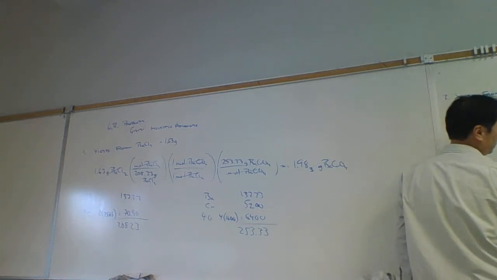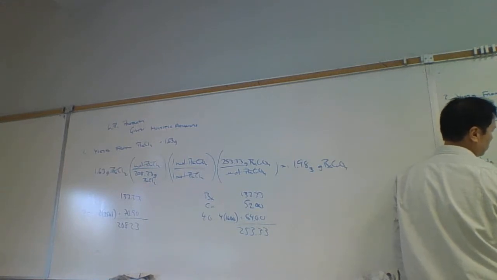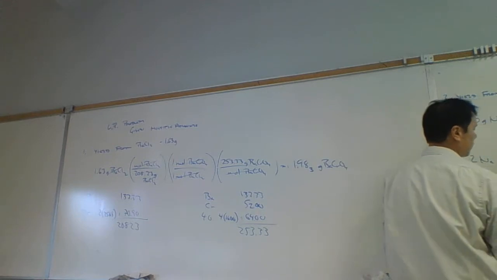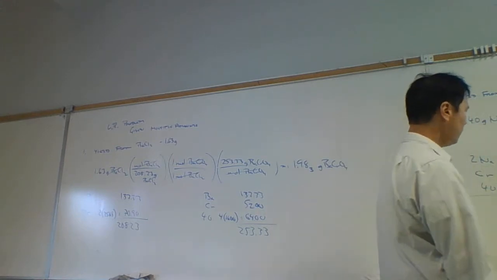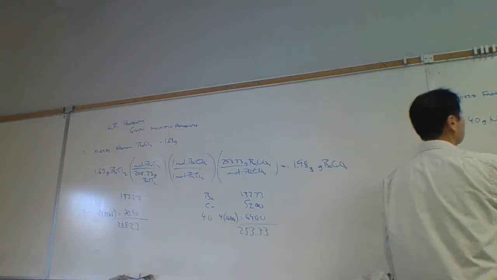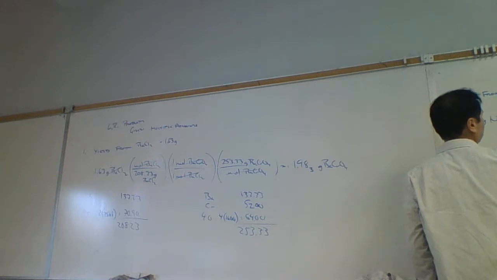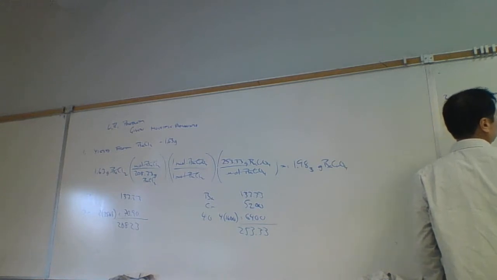That adds up to 161.98. So per mole of sodium chromate, 161.98 grams of sodium chromate.